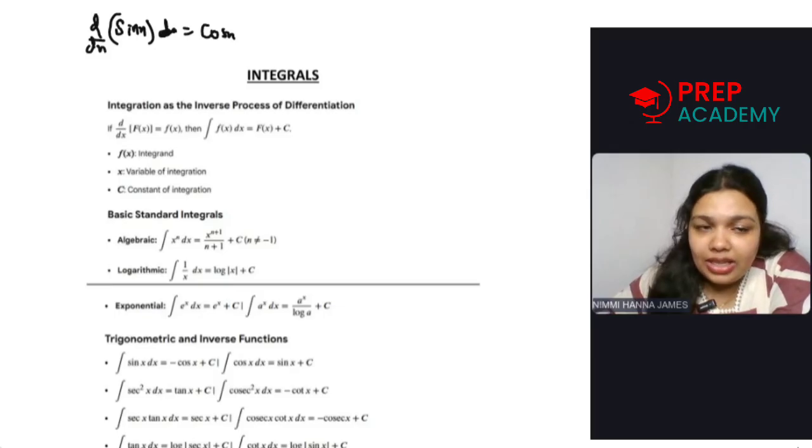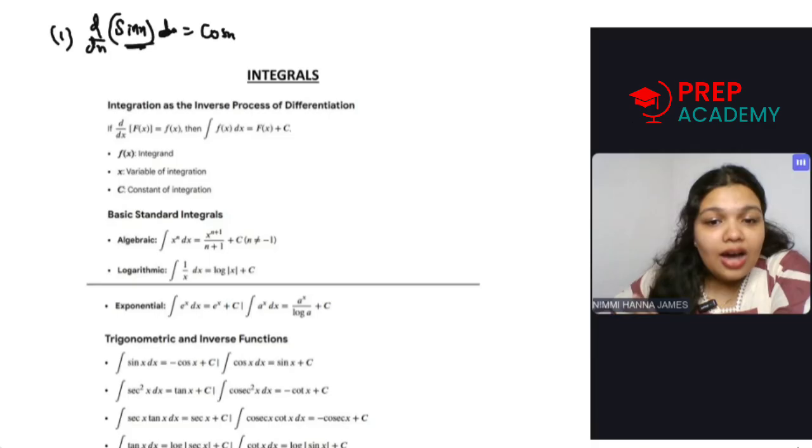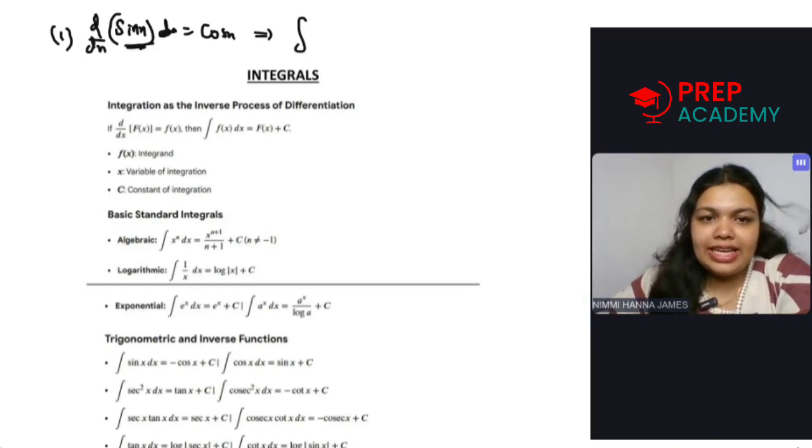Sin x is the function we are differentiating, and we have the answer. So this means the integral of cos x dx is equal to sin x.